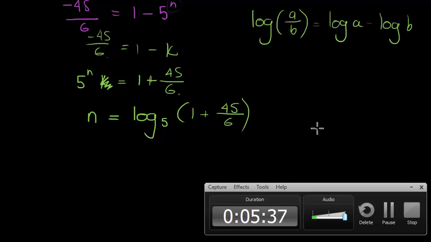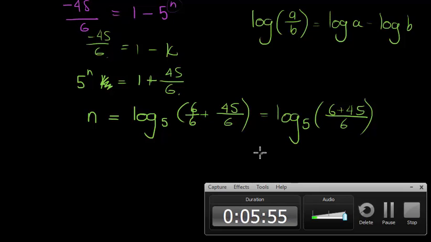I just don't have a fraction in here. I've got terms, but I can add the 2 by saying this is 6 over 6. And then I get log of 6 plus 4s over 6. And there I go: log 6 plus 4s minus log 6.